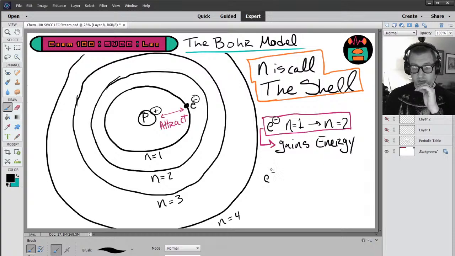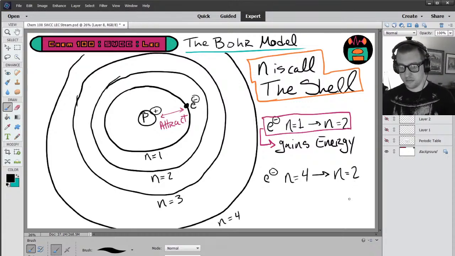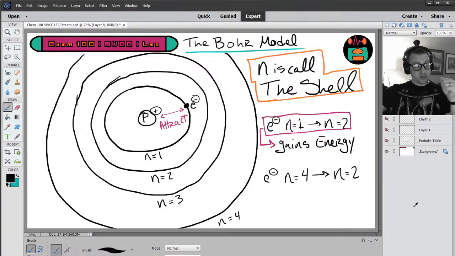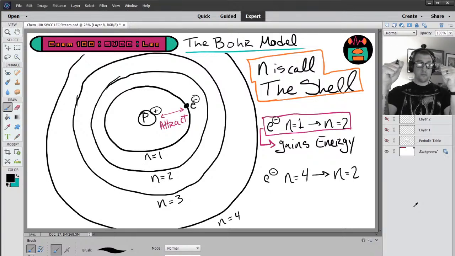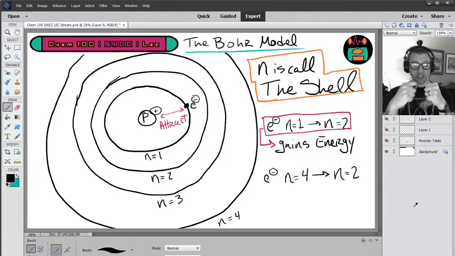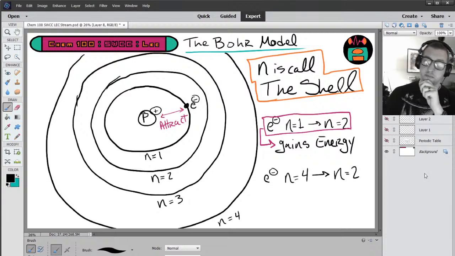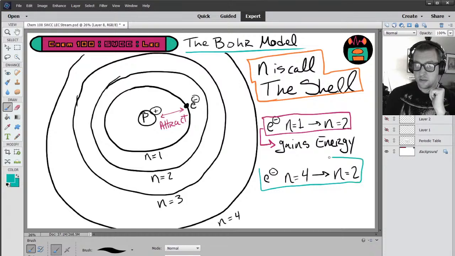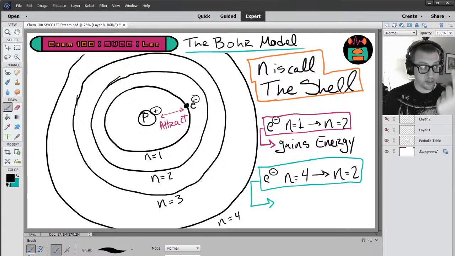Let's say you have an electron that starts at a higher shell, we'll say the fourth shell, and it moves to a lower shell. Well, let's do shell number 2. If it starts far away and then moves closer, that's the direction it wants to go. If you let go of the electron, it's going to move as close to the nucleus as possible. So when you go from a higher shell to a lower shell, your electron is going to do the opposite of gaining energy.